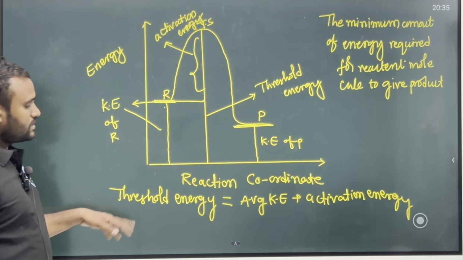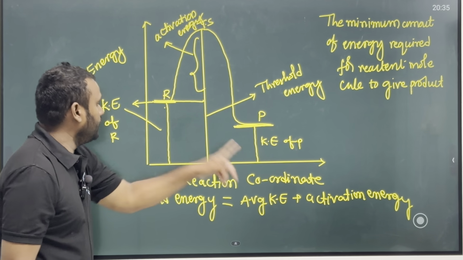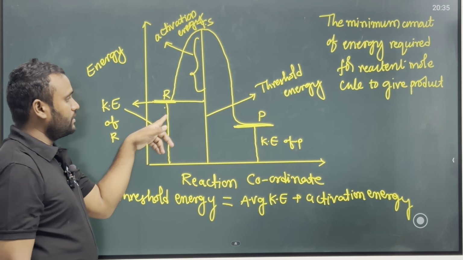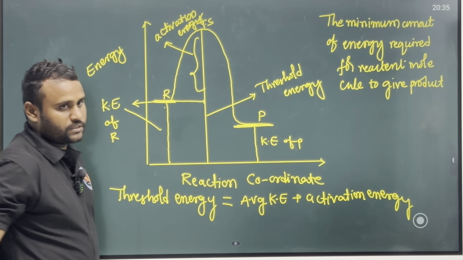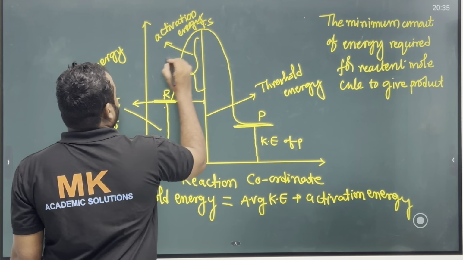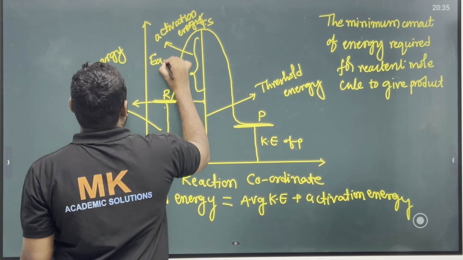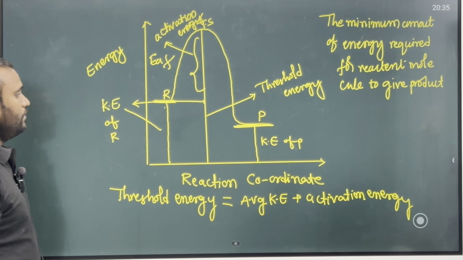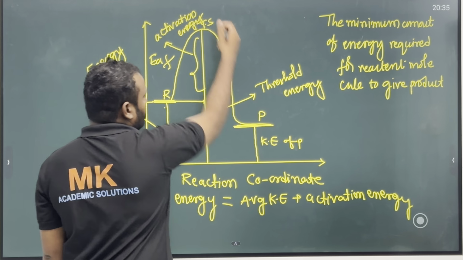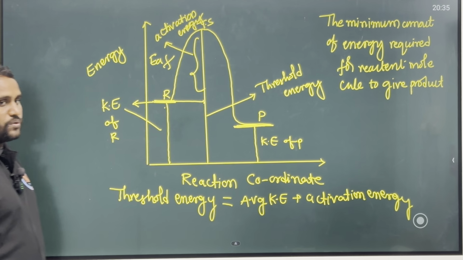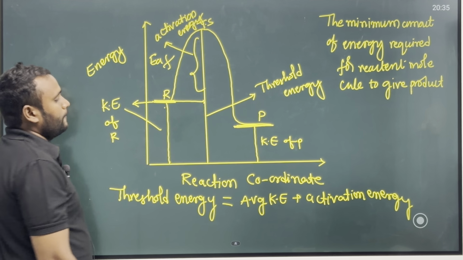Threshold energy is equal to average kinetic energy plus activation energy. Sometimes it is also called EAF. What is the meaning of EAF? Activation energy of forward reaction. Here reactant is converting into product, that is known as forward reaction.